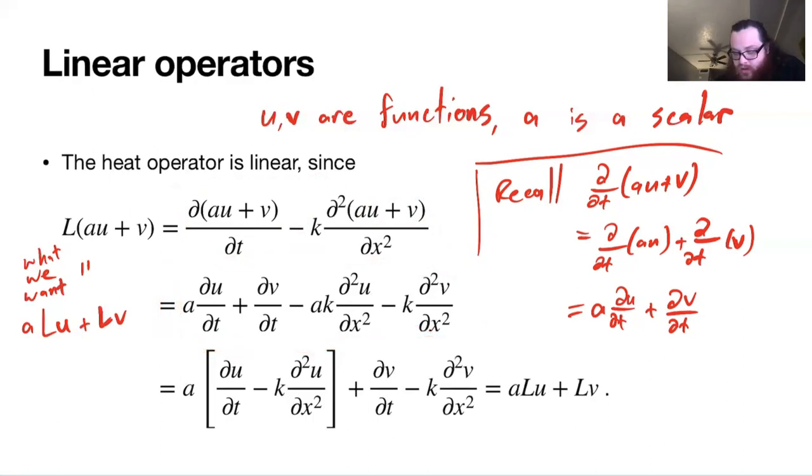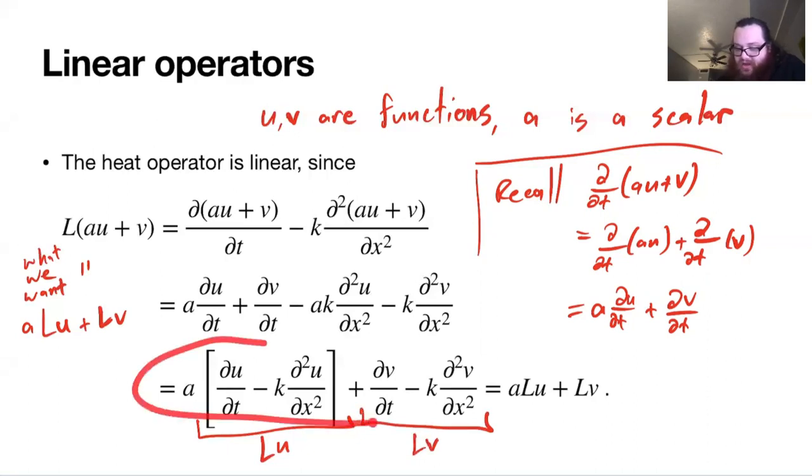Okay. And so now we're going to collect terms. So this piece has an A in front, this piece has an A in front. So let's factor out an A, and then what we end up with is this. Okay, but then the observation is that this piece right here is exactly L applied to u. And then similarly, everything else that's left over, this whole thing right here, is exactly L applied to v.